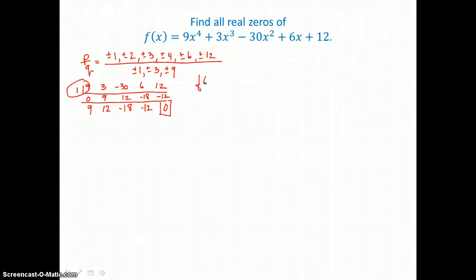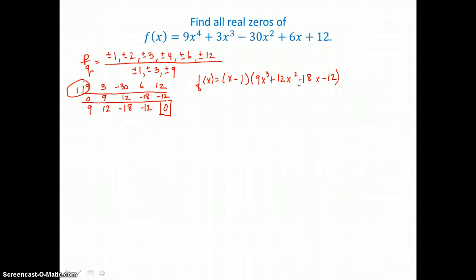I'll start factoring f. F of x is equal to x minus that 0 of 1 times what quotient? 9x cubed plus 12x squared minus 18x minus 12. Okay, now I need to continue factoring this polynomial of the third degree, and grouping is not going to work.